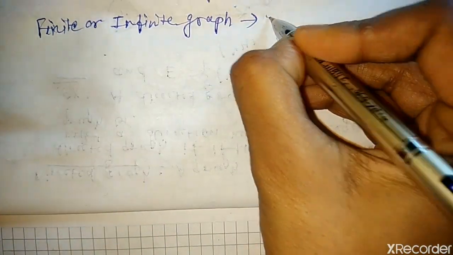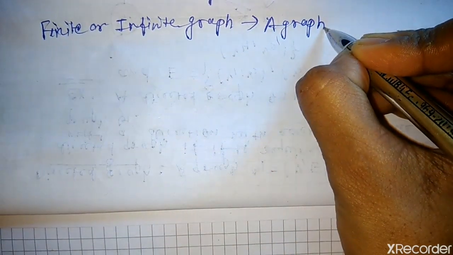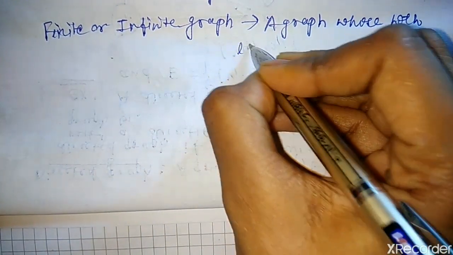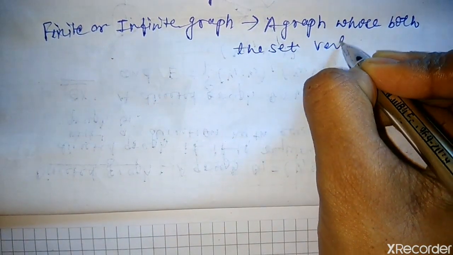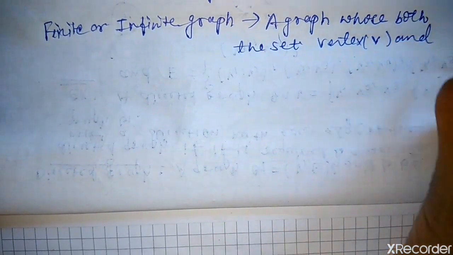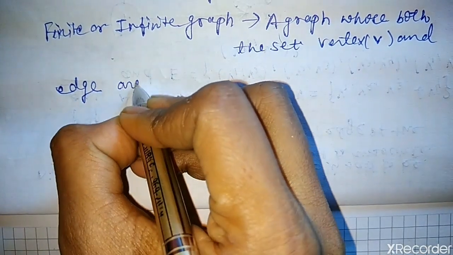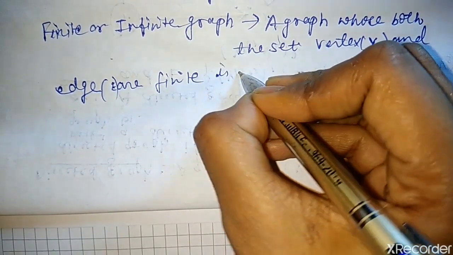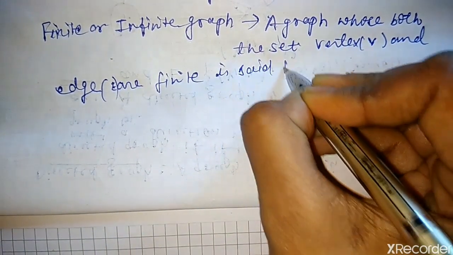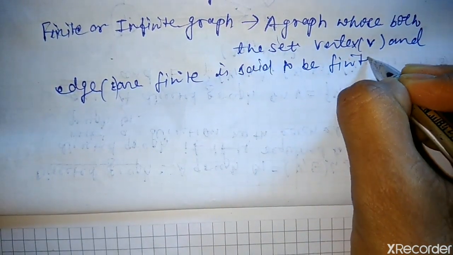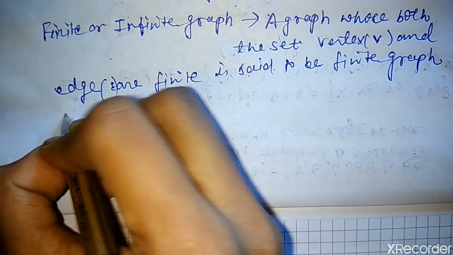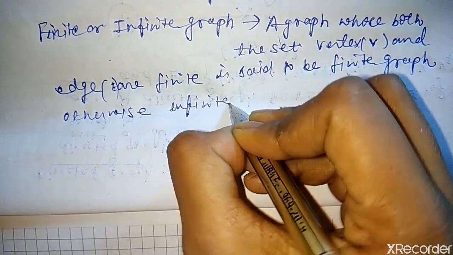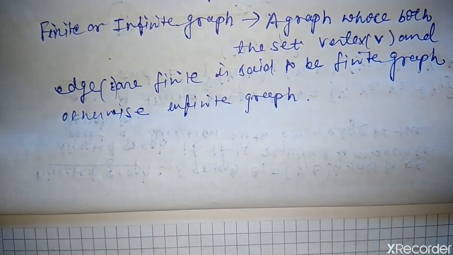A graph whose both sets, that is the vertex set and the edge set E, are finite is said to be a finite graph. Otherwise it is an infinite graph.